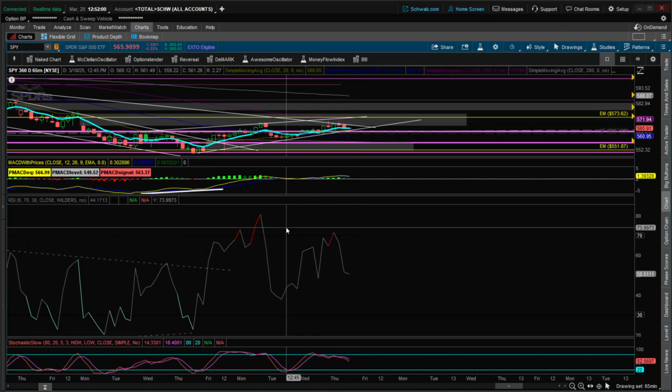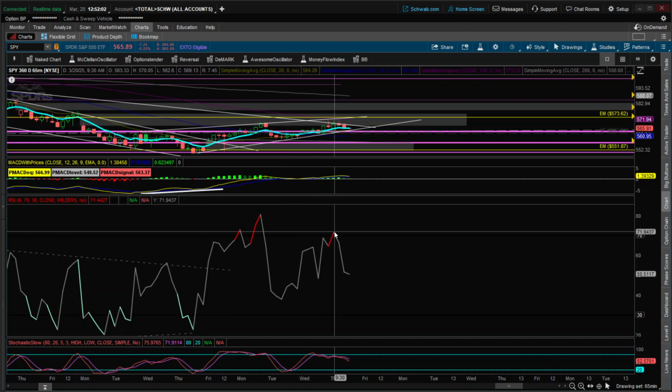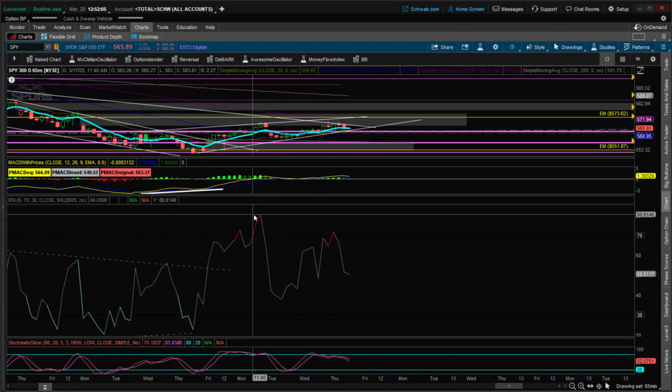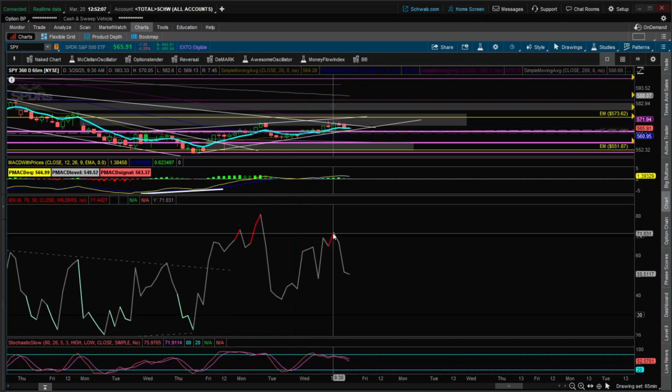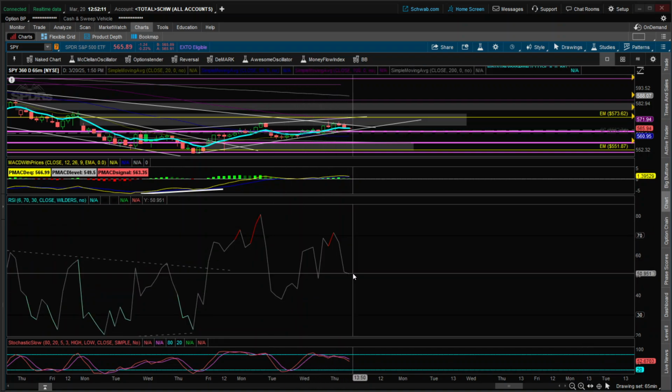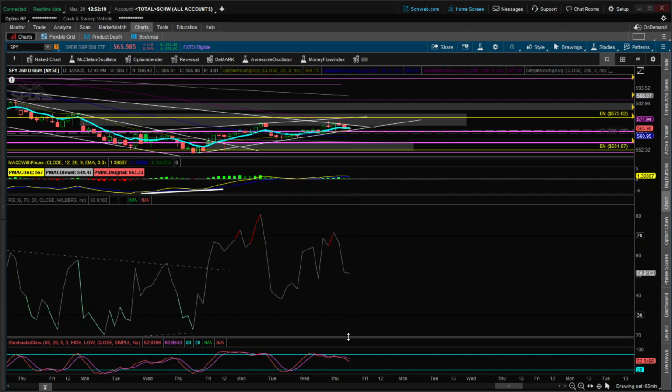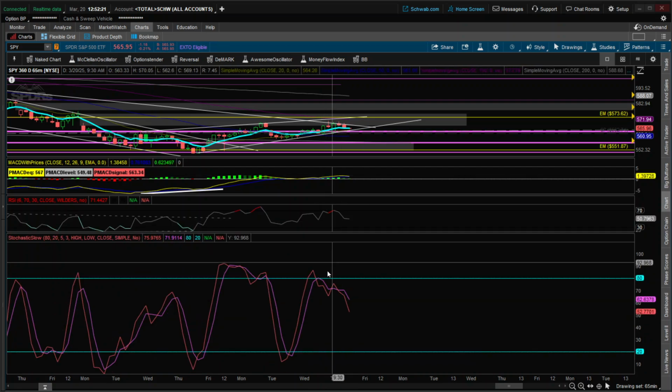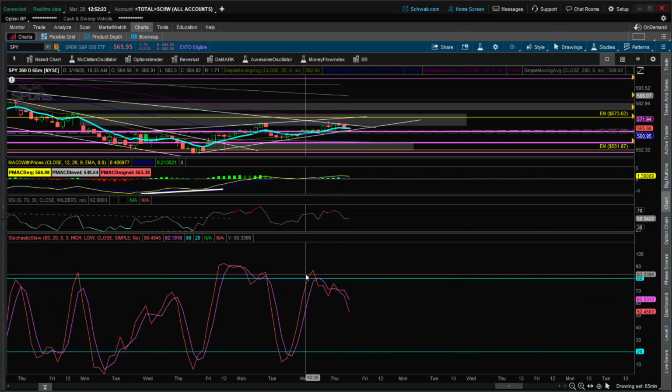Same thing here. Now, I know we said this is possibly a negative divergence because we made a new high. So that's a check mark for the bears. But really, we're right back into that 50 line here. And so it's really just a neutral spot. All right, and the slow stoch is starting to sell off. So we're getting that sell signal.